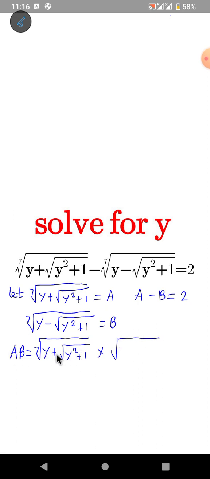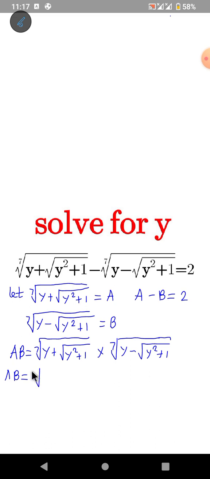This is our a multiplied by b. Then we'll continue. We say ab is equal to, since they have the same power, that is the seventh root, we can use one root for both of them.